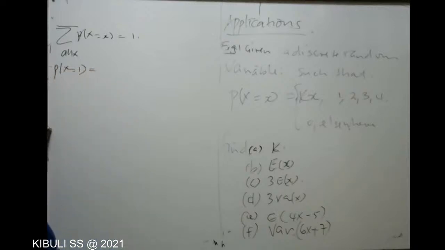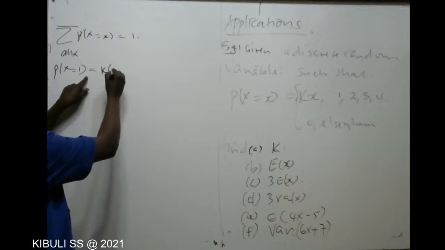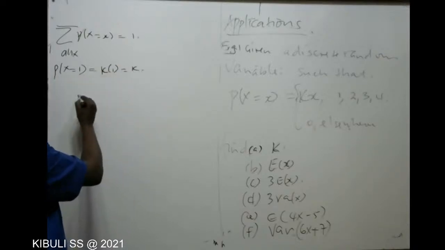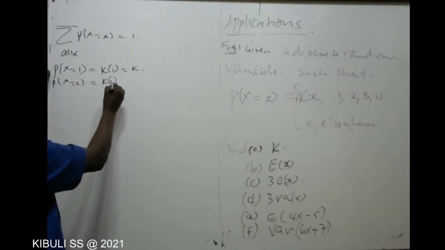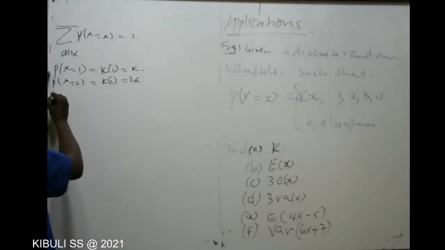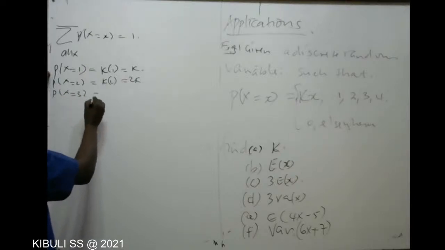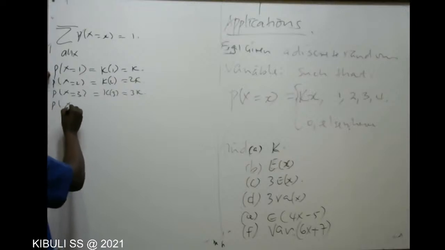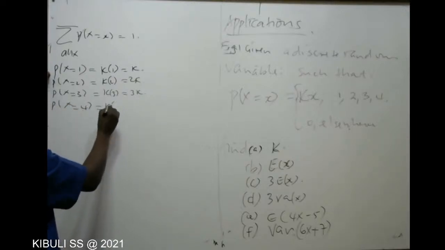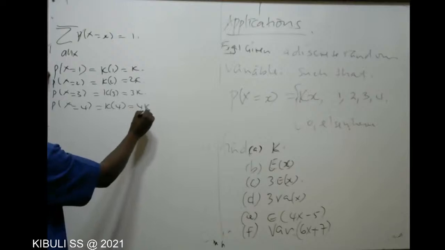It's not existing. So the probability of X equal to 1 shall be equal to k times 1, which gives us k. The probability of X equal to 2 shall be k times 2, which gives us 2k. The probability of X equal to 3 is k times 3, which gives us 3k. The probability of X equal to 4 is k times 4, which is 4k.